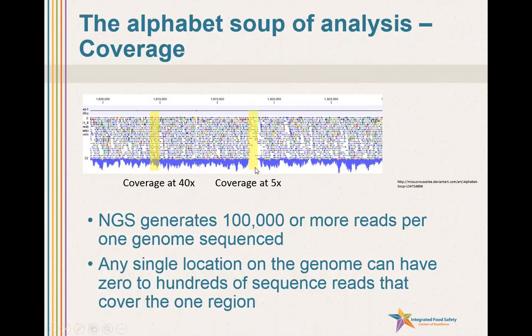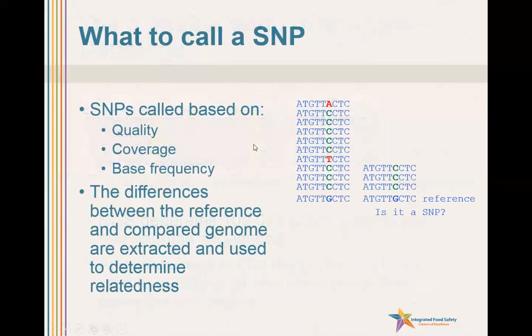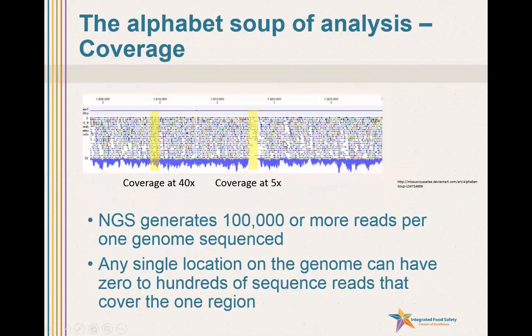On the other hand, we see on the right-hand side, also covered in yellow, an area that has much sparser coverage. There we might only have 5 sequence data to determine whether a nucleotide is an A, C, T, or G. So one very simple way to look at quality is to say we're only going to analyze data where we have a certain number of coverage.